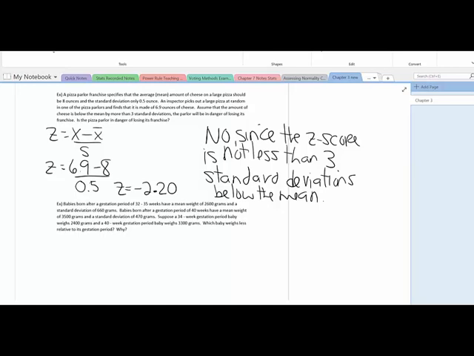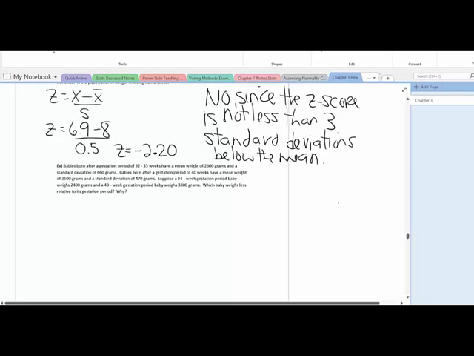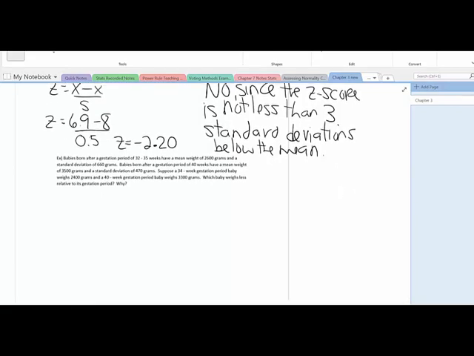Okay, one other example we're going to take a look at. So babies born after a gestation period of 32 to 35 weeks have a mean weight of 2,600 grams and a standard deviation of 660 grams. Babies born after a gestation period of 40 weeks have a mean weight of 3,500 grams and a standard deviation of 470.